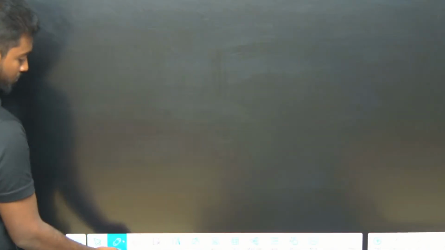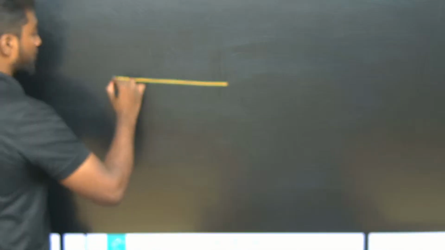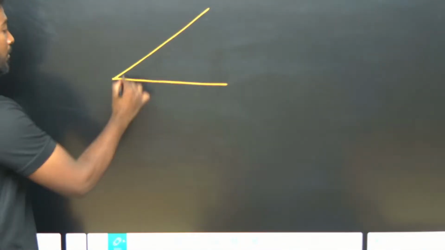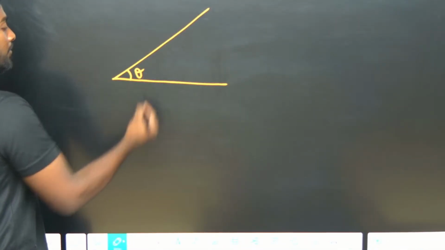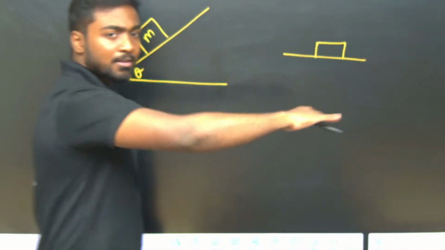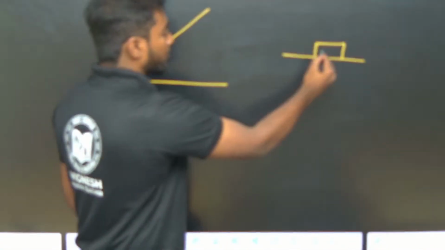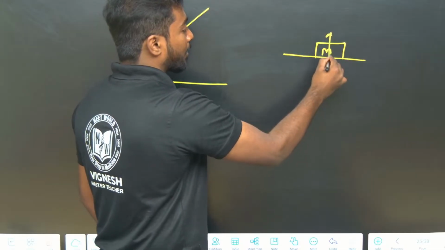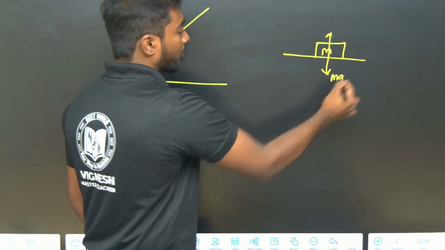Suppose this is my inclined plane, which is having theta as the inclination. This is my block M. Now suppose this block is lying on a straight surface, so I can say this is my normal and this is my mg, right.